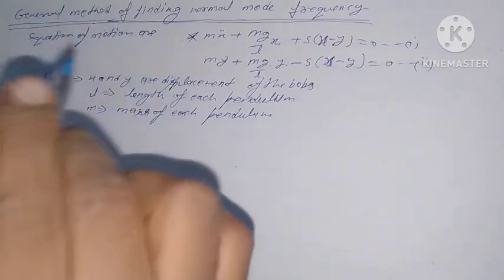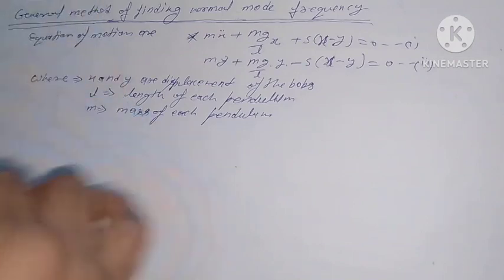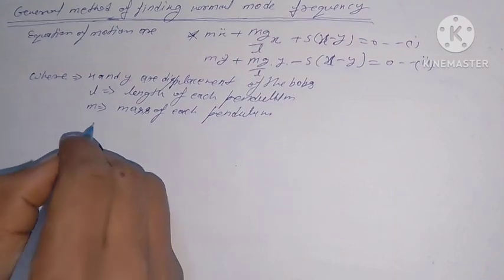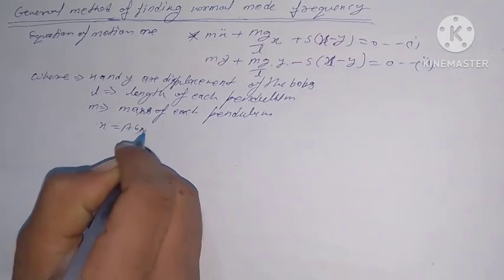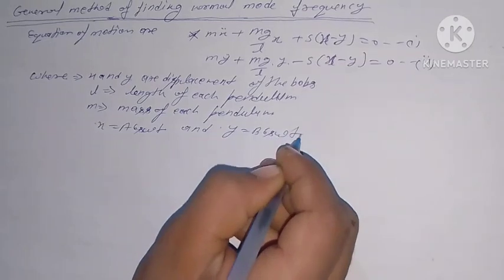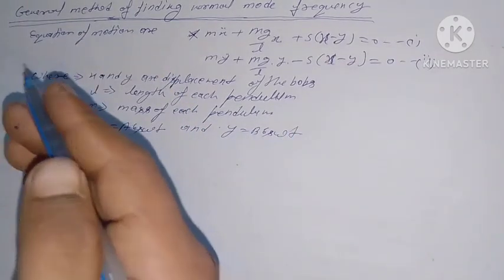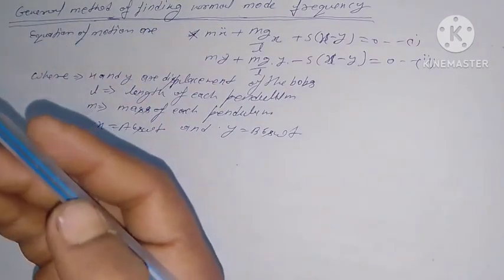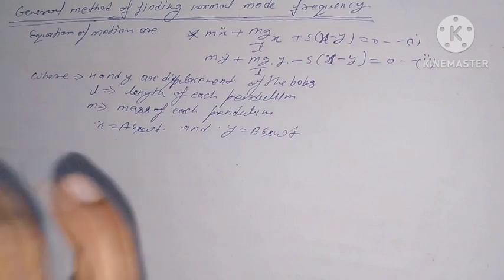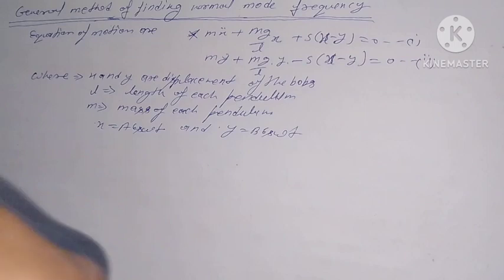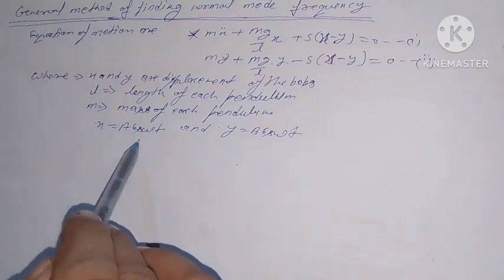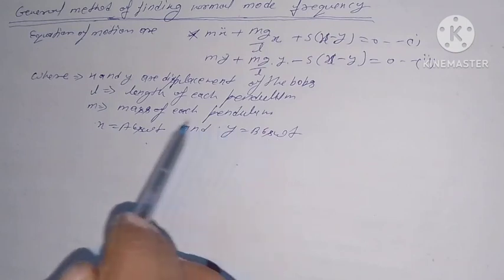Therefore, supposing that the system of coupled pendulums vibrates only in one of its normal modes, let the frequency be omega, then the solutions of the above equations are x = a cos omega t and y = b cos omega t, okay?